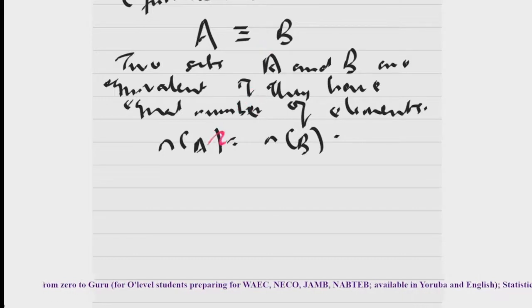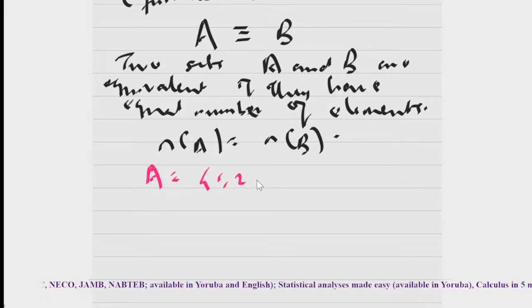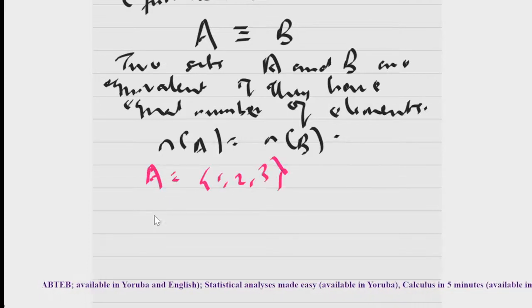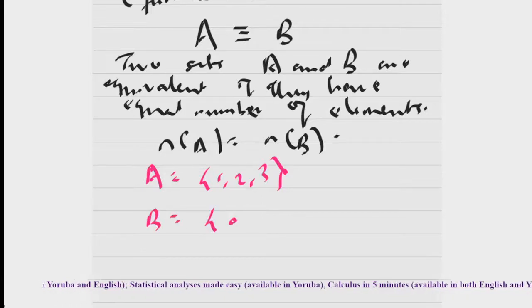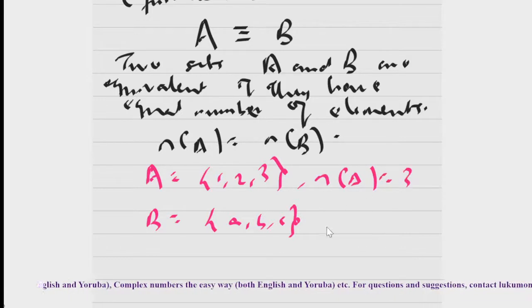Let's say, for example, my A is equal to what? If my A is equal to {1, 2, 3}, and you have your B to be {a, b, c}, are these two sets equivalent? Yes, they are equivalent. Because if you count the number of elements in set A, we have n(A) to be what? To be 3.